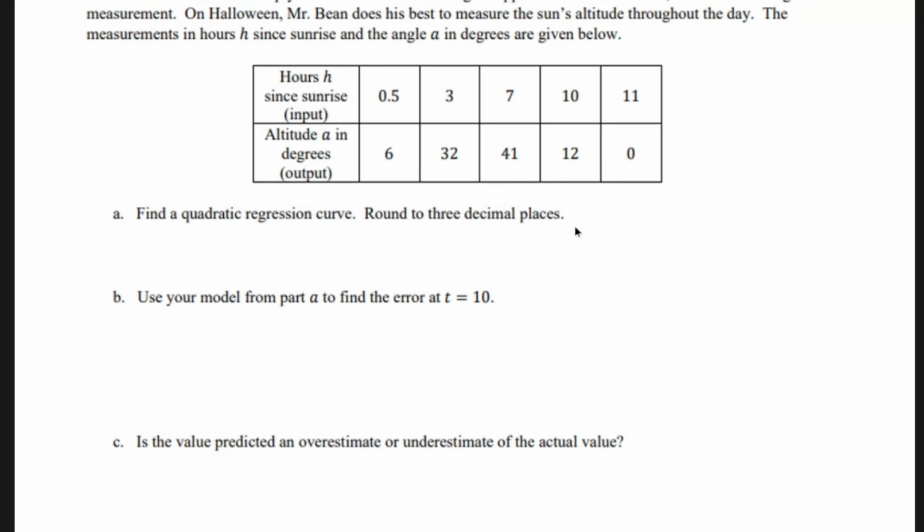All right, so we have h and A. So A is going to equal negative 1.458 h squared plus 16.164 h minus 2.195.